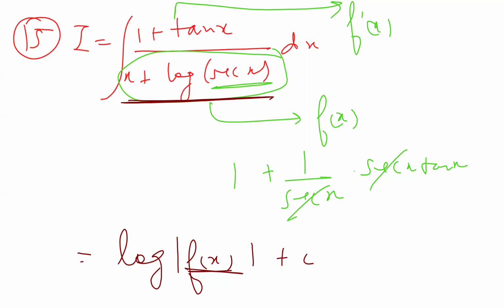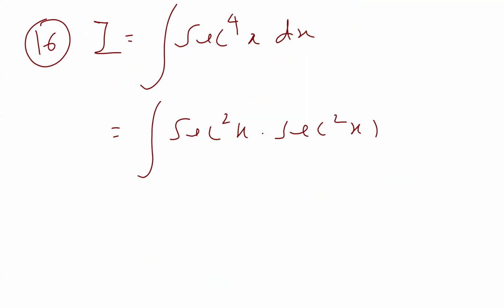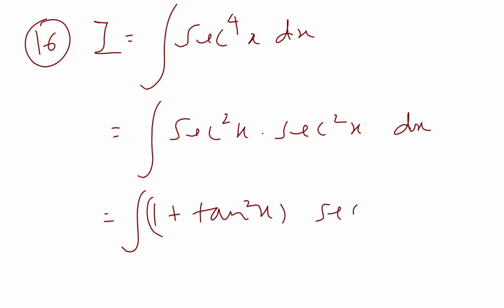Right. So let's go to question number 16. Integration of sec raised to 4x dx. So this can be written as sec square x into sec square x dx. So this is equal to 1 plus tan square x into sec square x dx. So I've used the fundamental identity on one of the sec square. Now I'll put tan x as t because the derivative of tan is present in the problem, that is sec square x.